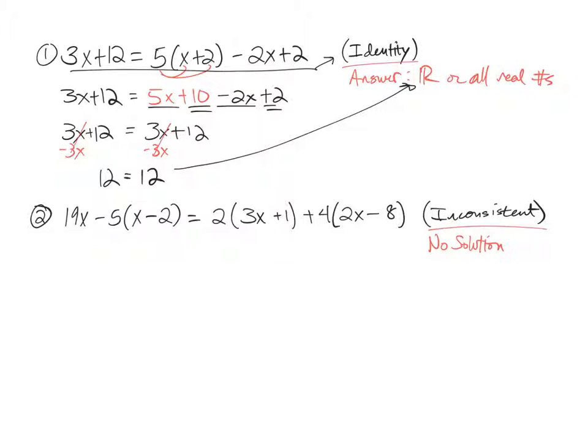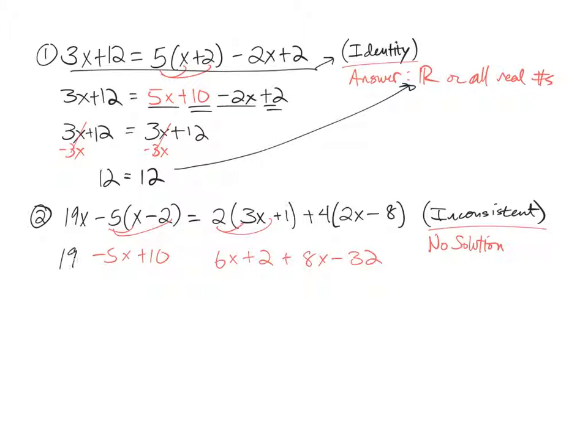So down here, for example 2, I do something very similar, being that first we distribute all sorts of things. So this would be minus 5x plus 10, because a negative times a negative is a positive. On the right side of this equation, I have 6x plus 2 and 8x minus 32.